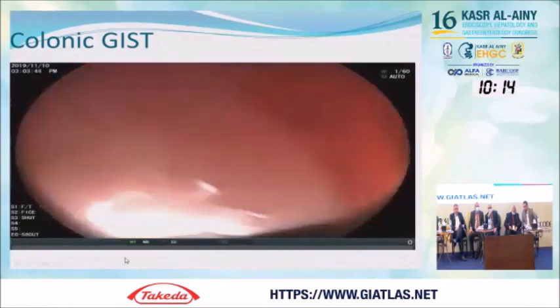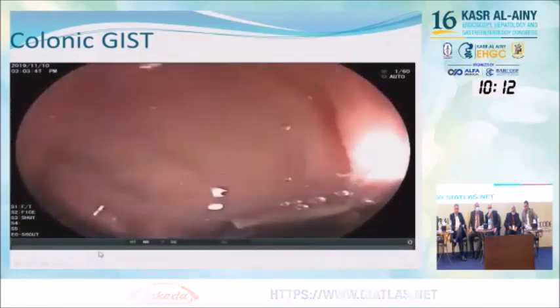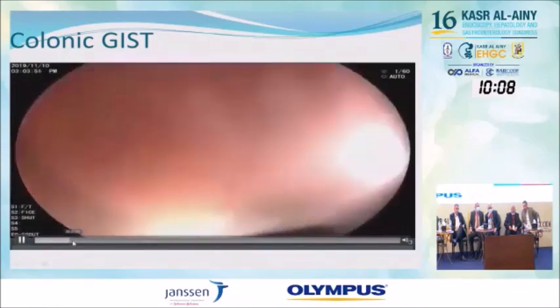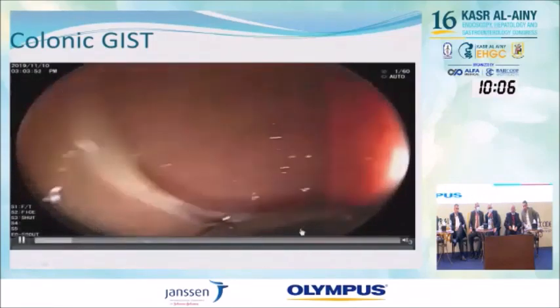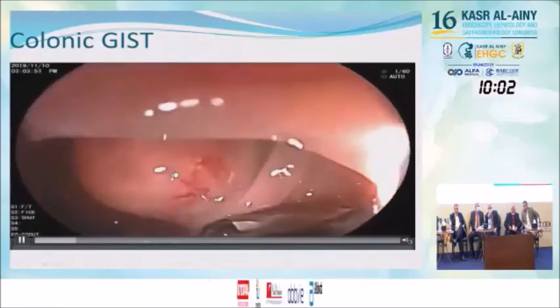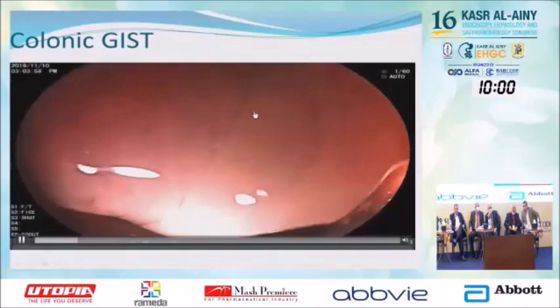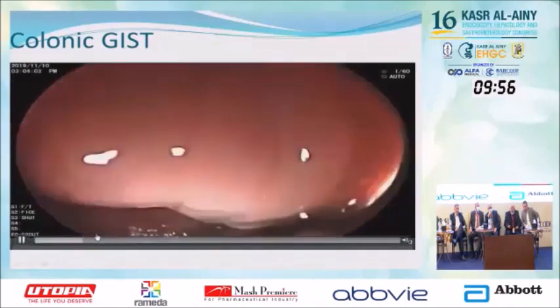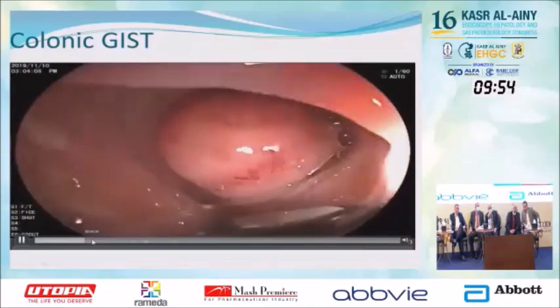This is the endoscopic image of the colonic lesion, and we see it by linear EUS with the probe here. This is the submucosal lesion in the distal descending colon and proximal sigmoid.